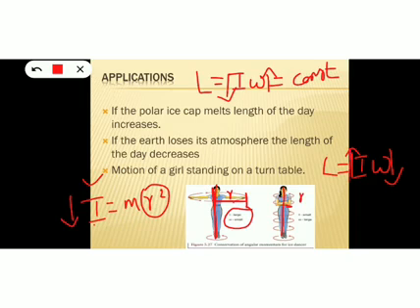If moment of inertia is less, then omega should increase. So the rotational speed will increase. So the girl standing on a turntable rotates with greater speed if she brings her hands close to each other, and the rotational speed decreases when she suddenly stretches her hands. Okay.